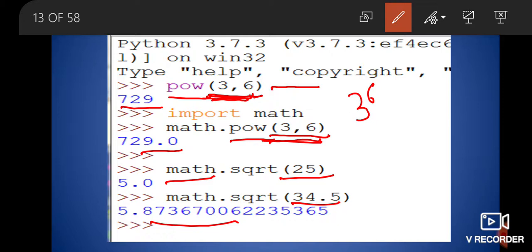So in situations where you need to find the square root of floating point numbers, it is not very easy for us to calculate it directly. So in that case we can make use of this function. And moreover, for finding the square root of any number, this function can be utilized.